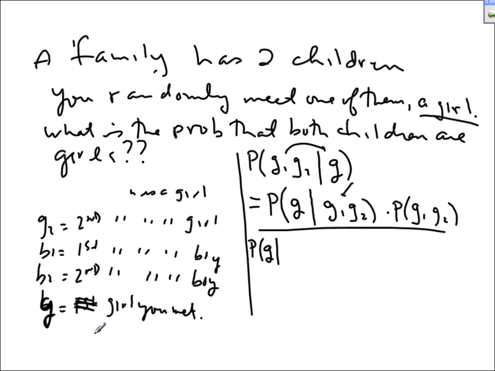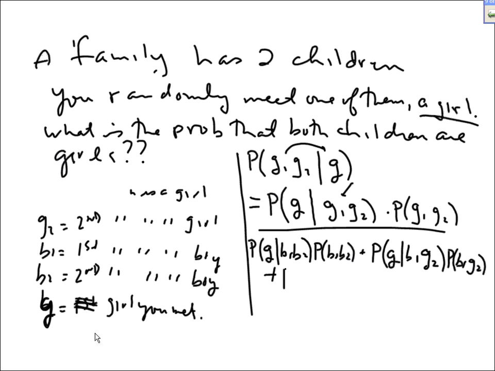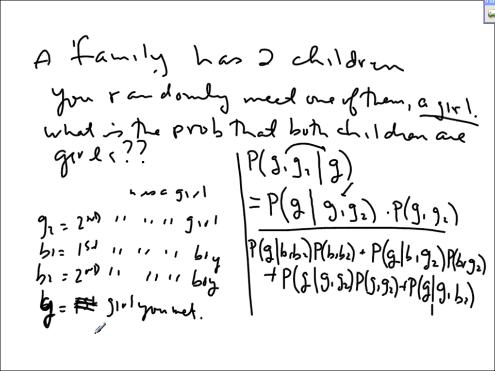Probability of seeing a girl, given that you had boy 1, boy 2, times the probability of boy 1, boy 2, plus the probability of seeing a girl, given the first is a boy and the second one born is a girl, times the probability of B1, G2, plus the probability of seeing a girl, given the first child is a girl but the second one's a boy, times the probability of G1, B2.